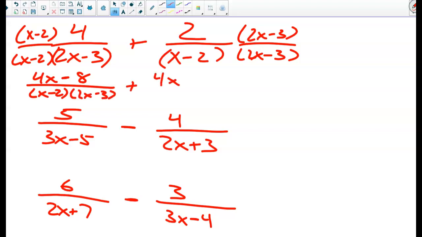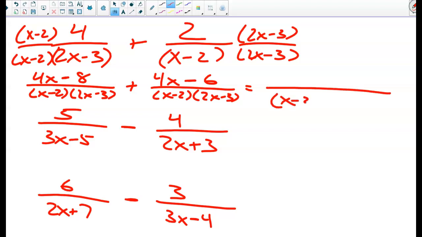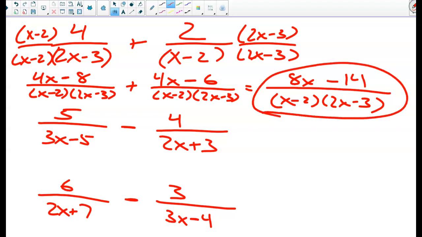Plus, we have a 4x minus 6 over x minus 2, 2x minus 3. And when we add, right away I can write down the common denominator. That's always going to be consistent. 4x and 4x is 8x. Negative 8, negative 6 is negative 14. There's my answer.